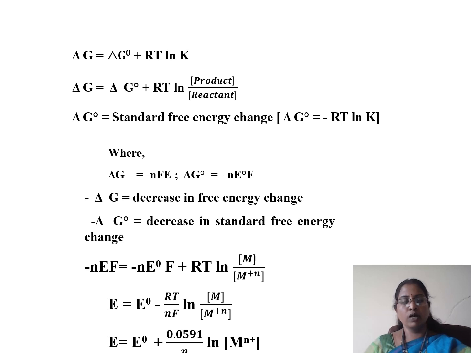So ln 1 by Mn plus equals minus ln Mn plus. So minus into minus gives plus, E equals E0 plus 0.0591 by N into ln Mn plus, where the Mn plus concentration is equal to the electrolyte concentration.